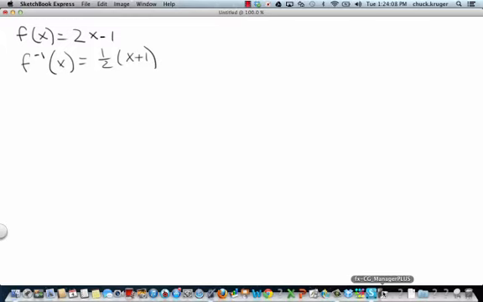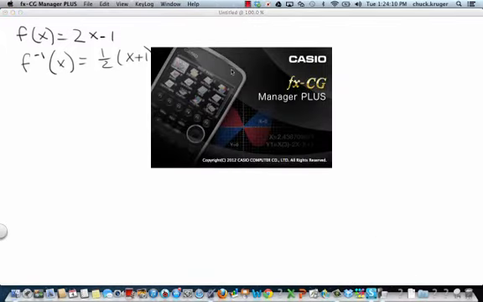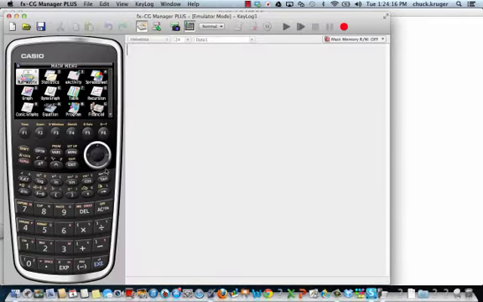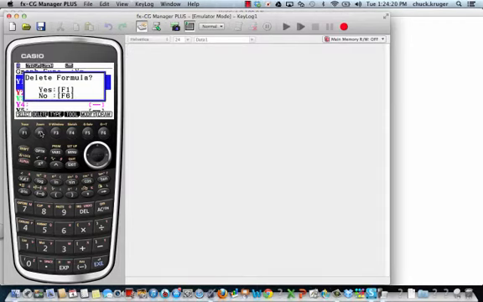I'm going to graph those, so I'm going to go to my graphics calculator. I'm going to enter the 2x plus 1, and then 1/2, I'm going to call it 0.5. And I think the top one's supposed to be x minus 1, so I'll change that.